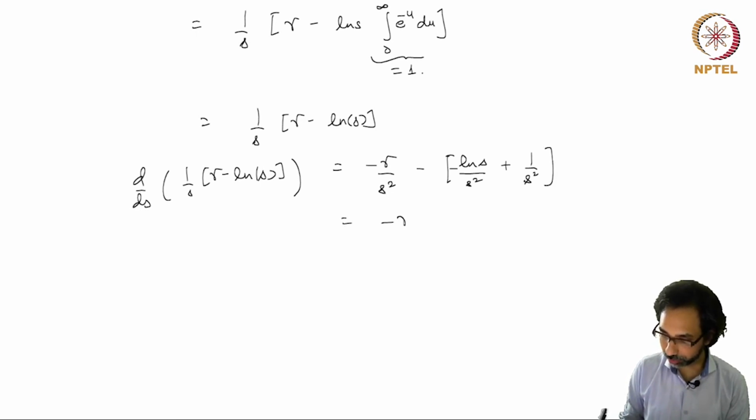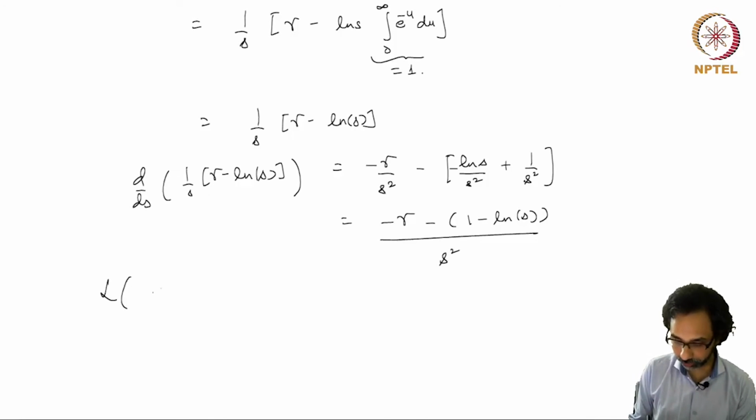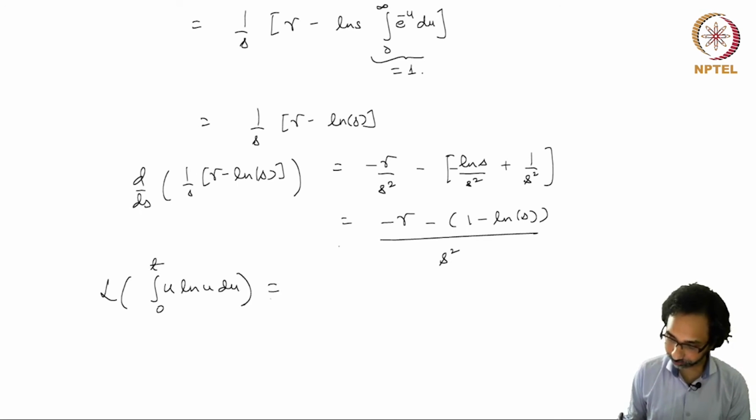Let me write this properly: it is minus gamma minus 1 minus ln s, over s squared. And so the Laplace transform of the integral from 0 to t of u ln u du is equal to minus 1 over s times this whole thing.